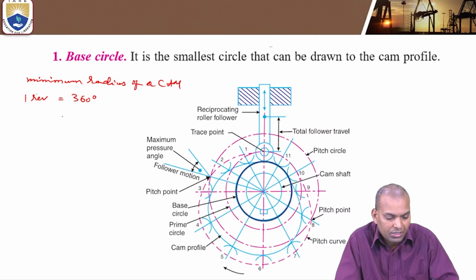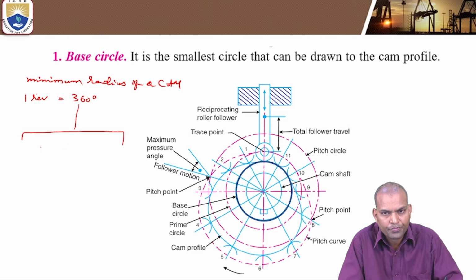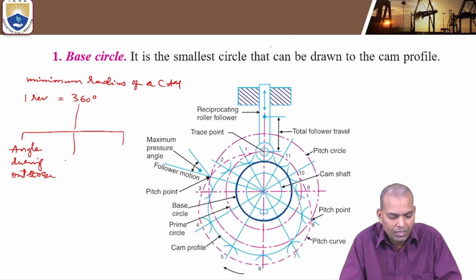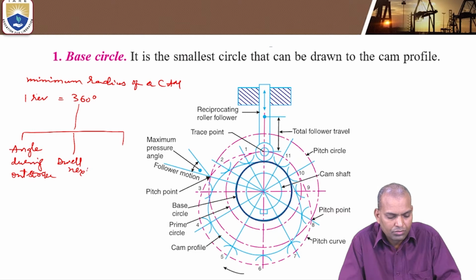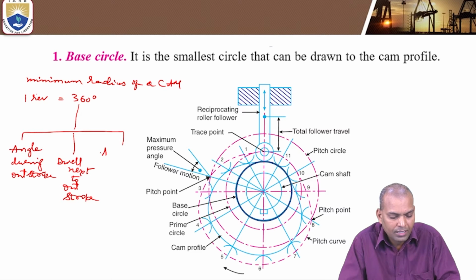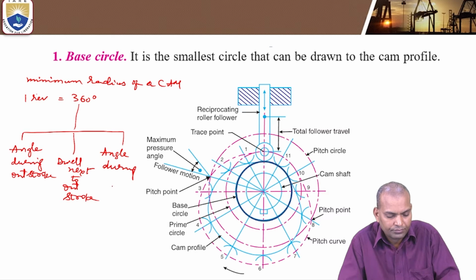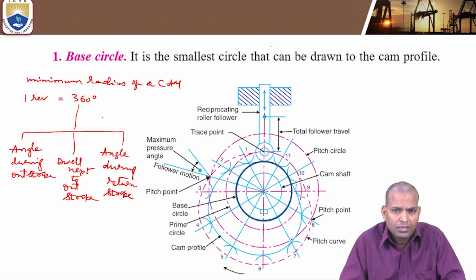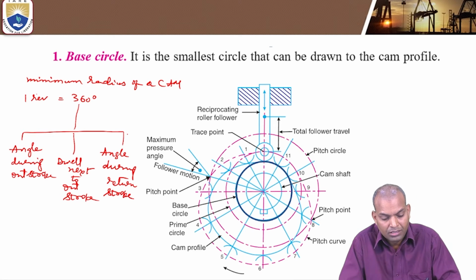This 360 degrees is divided into the angle during outstroke, the dwell next to outstroke, the angle during return stroke, and the remaining angle, which is also a dwell.